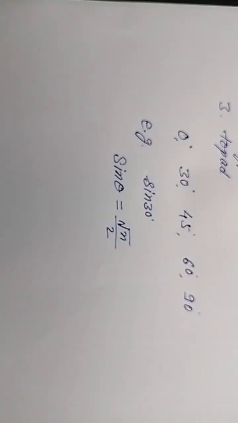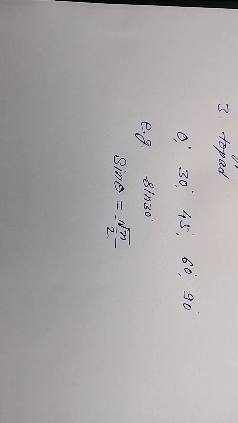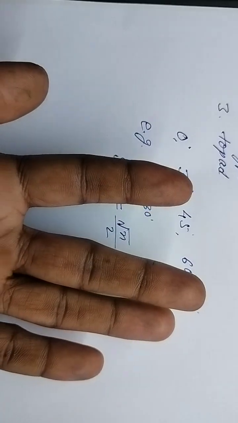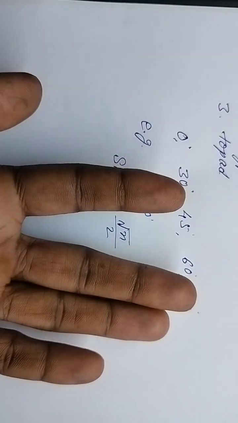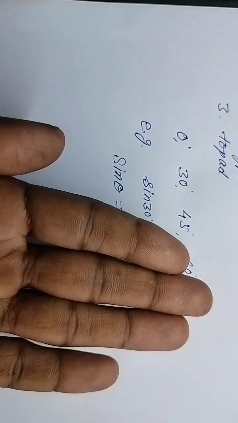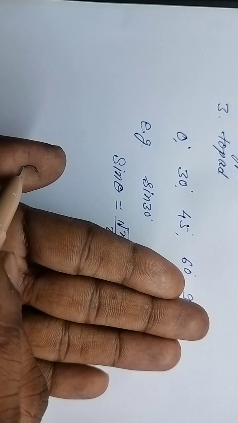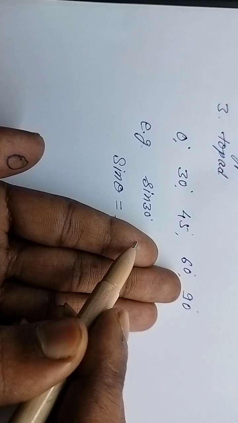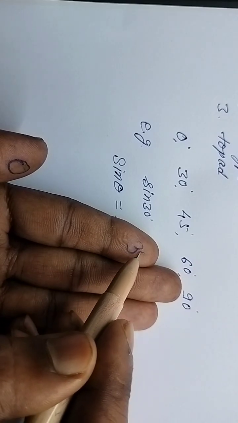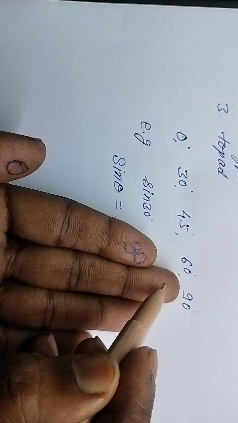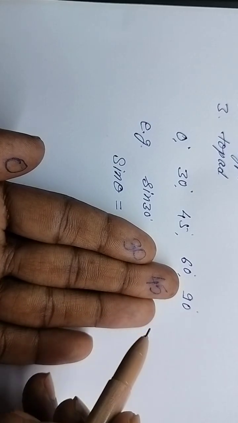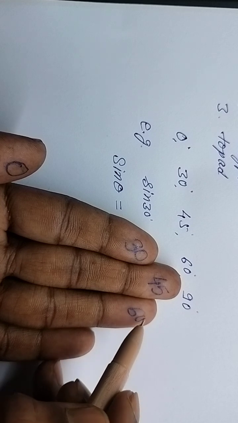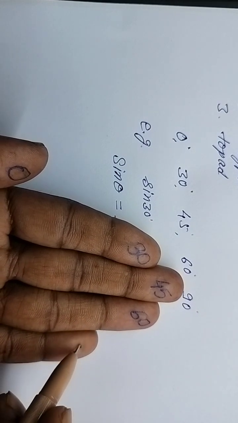Now we have a left hand. Look at my left hand. Everyone has a left hand. Now put the value of degrees: thumb 0 degree, index finger 30 degree, middle finger 45, ring finger 60 degree and little finger 90 degree.